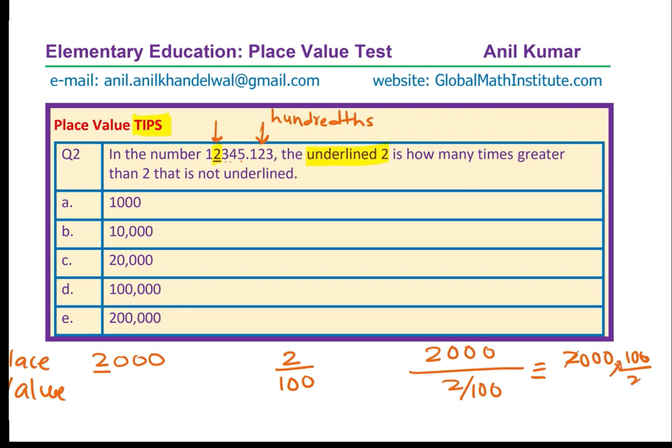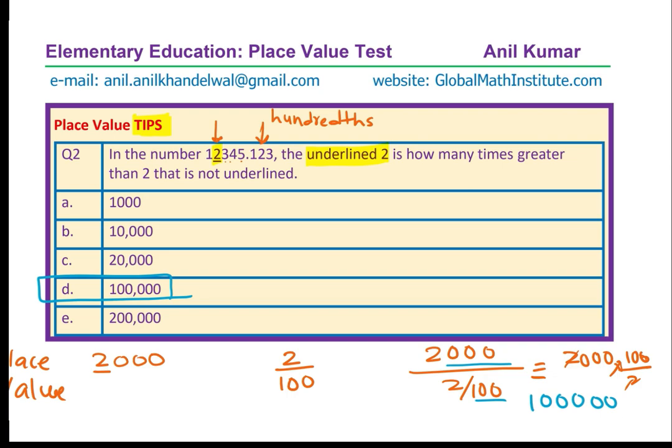So 2 will cancel 1000 and how many zeros do you get? You get 5 zeros. So 3 for the thousands and 2 for hundreds. So 5 zeros, correct? So which one is 5 zeros? This one. So D becomes the right answer.